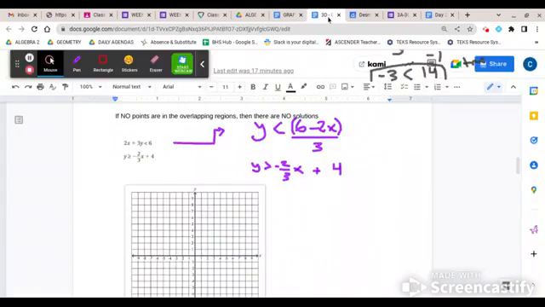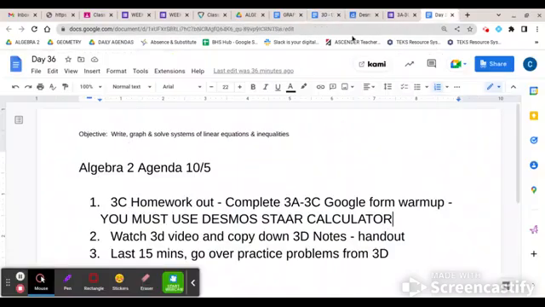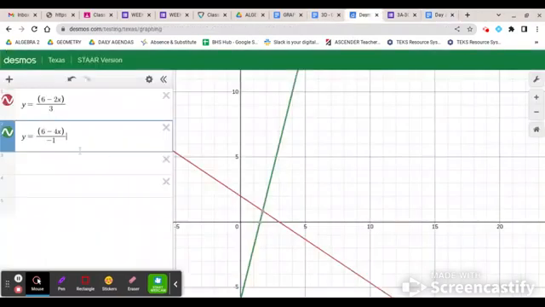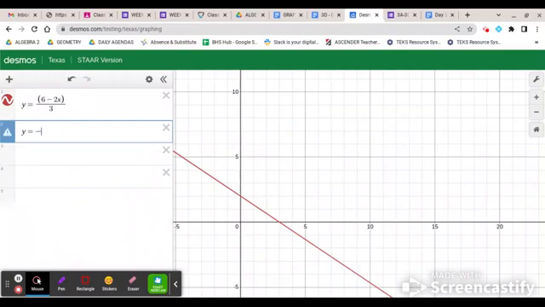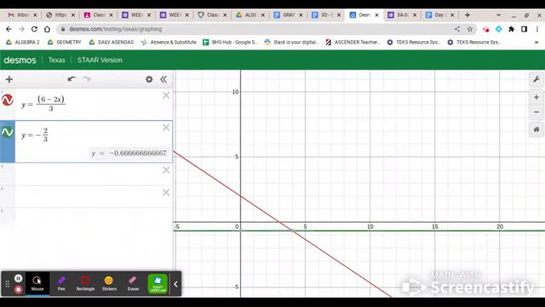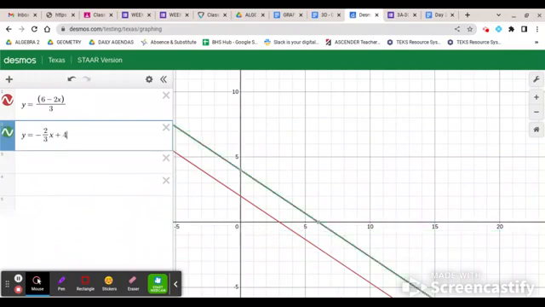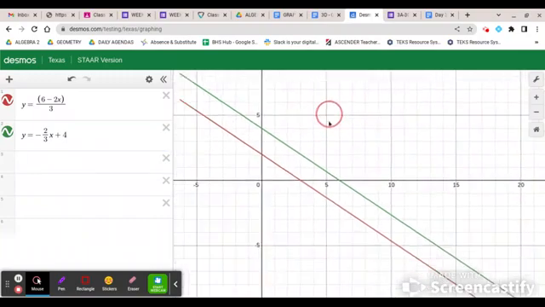And the other one is y is greater than negative 2/3 x plus 4. All right, so we see we have parallel lines right here.